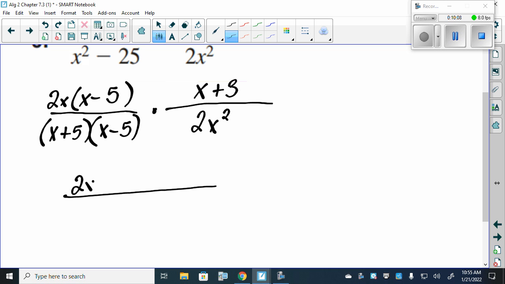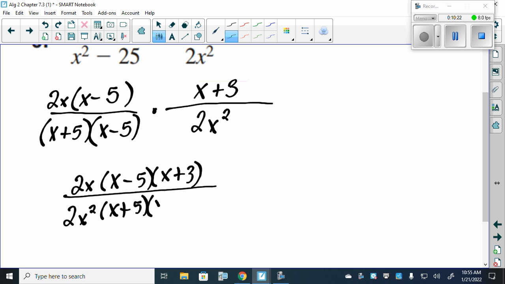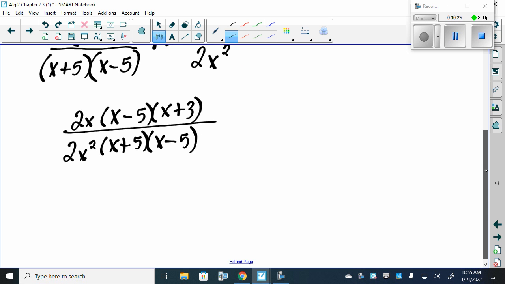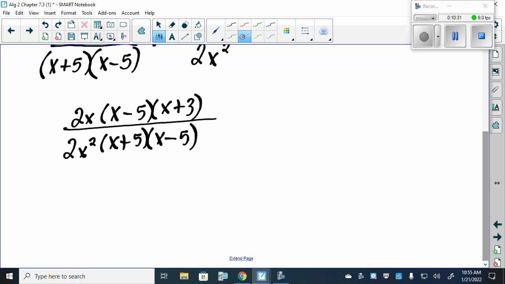Now we multiply it together, we'd have 2x times x minus 5 times x plus 3. On bottom, we would have 2x squared times x plus 5 times x minus 5. Now what's in common on top and bottom?